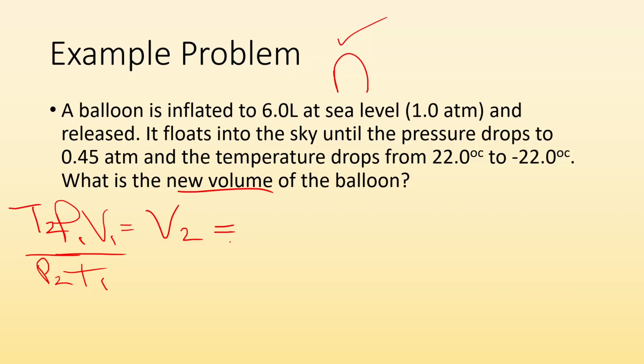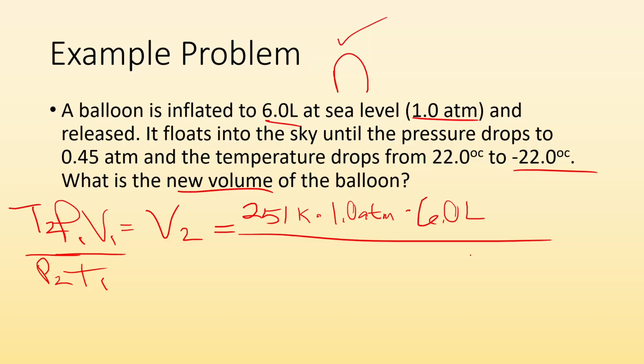So now I can do my plugging and chugging. My new temperature is negative 22 Celsius and needs to be in Kelvin. When I do that math, I get 251 Kelvin, times my initial pressure, which was 1 atmosphere, times my initial volume, which was 6 liters, divided by P2, my new pressure, which is 0.45 atmospheres, and my initial temperature, 22 Celsius, which when I convert to Kelvin is 295 Kelvin.